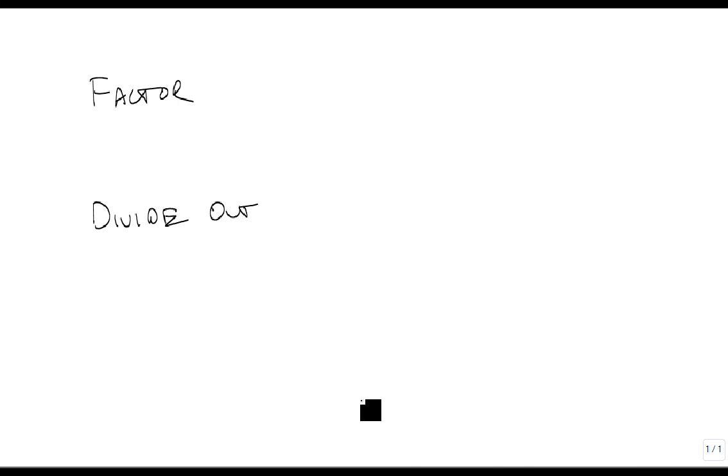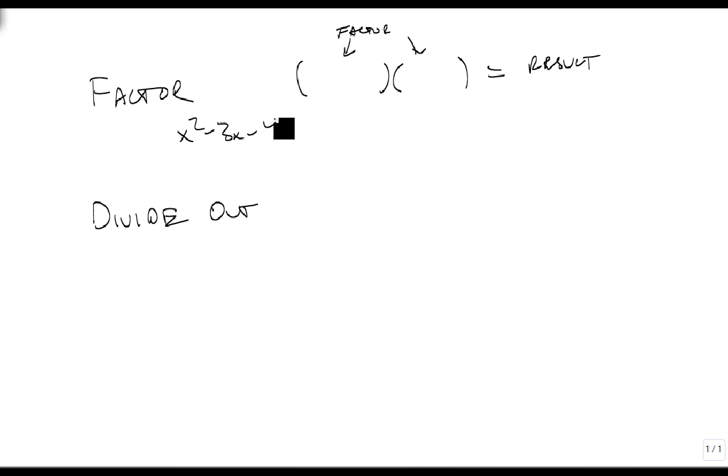So now we just spent some time talking about factoring in the last section. Well, in this section, factoring is the same thing. The factors are the things that are multiplied to give some result. So for instance, our x squared minus 3x minus 4 is our result, but that factors as x minus 4, x plus 1.